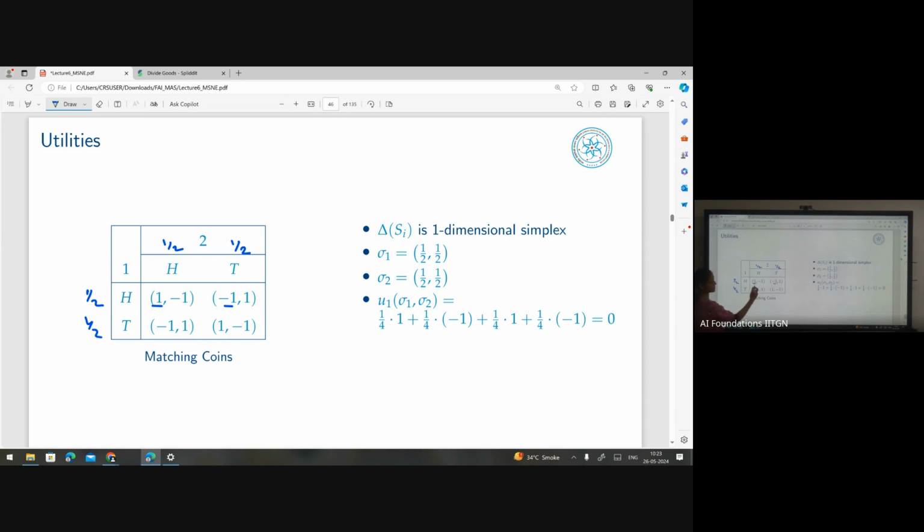So 1 times 1 by 4, minus 1 times 1 by 4, minus 1 times 1 by 4, and 1 times 1 by 4. That's the total utility that agent 1 gets when both of them are playing these particular strategies. Similarly, you can compute what would be the utility for the second player.